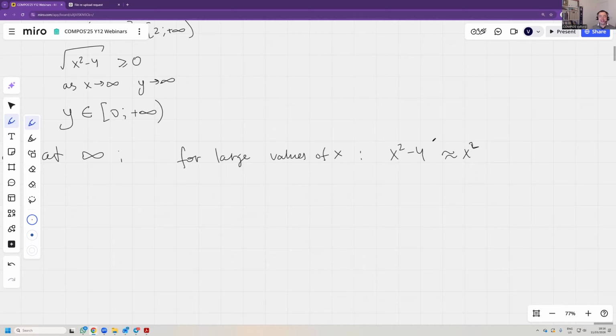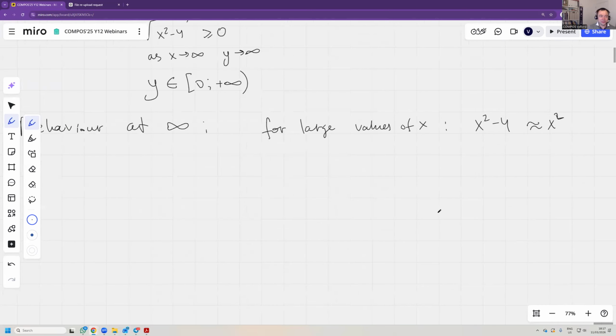I mean, a million squared and a million squared minus 4 is pretty much the same thing. Like, this car doesn't cost £100,000. This car costs £99,999 and 99 pence, right? So x squared minus 4 is the same as x squared. Is that clear?